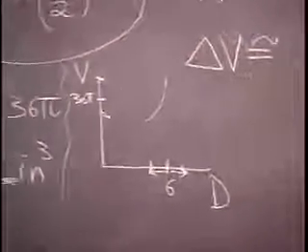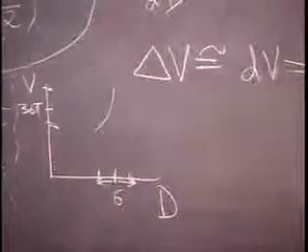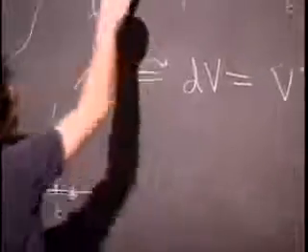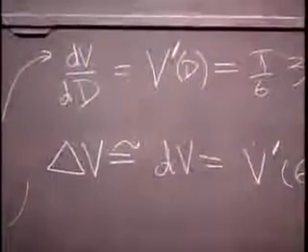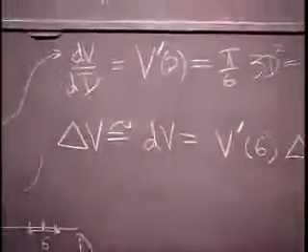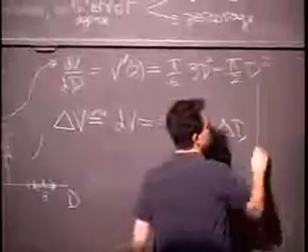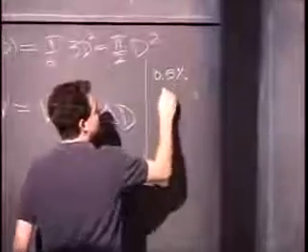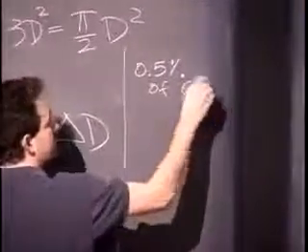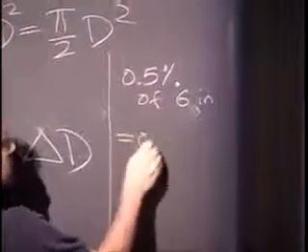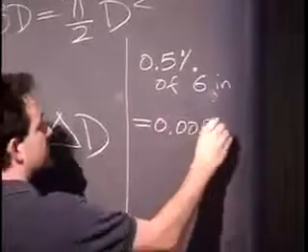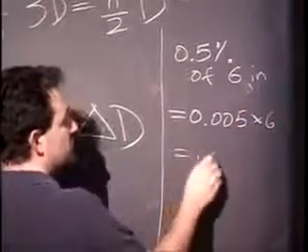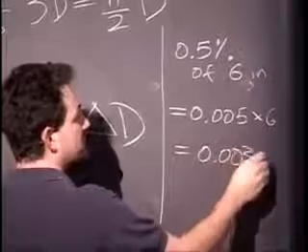So what is delta D? Well, it's 0.5% of 6 inches. So I better take a little sidebar over here and say that 0.5% of 6 inches is actually equal to 0.005 times 6, which is equal to 0.003 inches.